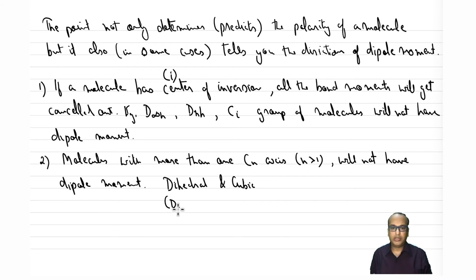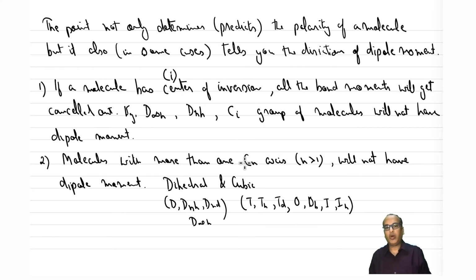This includes D, DNH, DND, D infinity H, and cubic means T, TH, TD, O, OH, I, IH. All these have more than one Cn axis, so they will not have dipole moments, right?